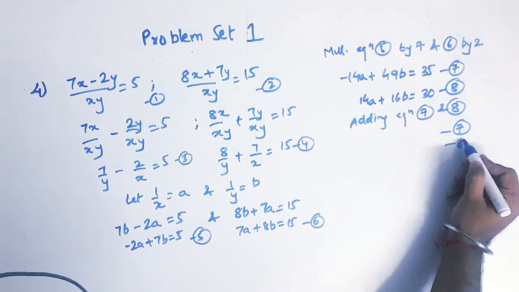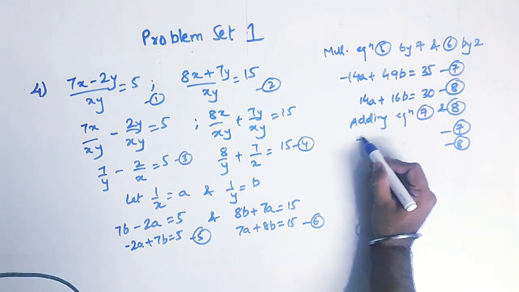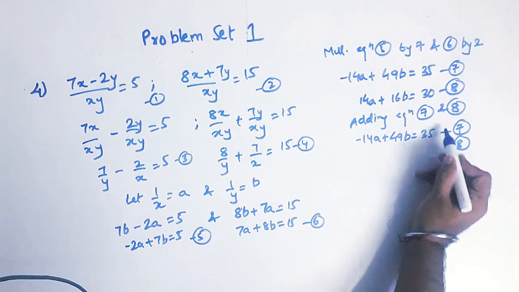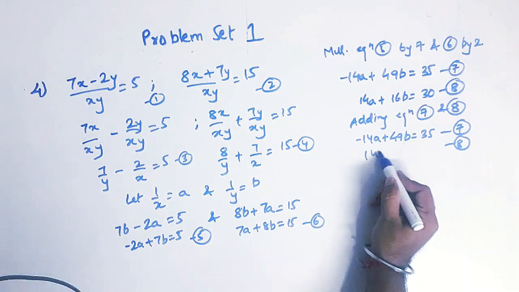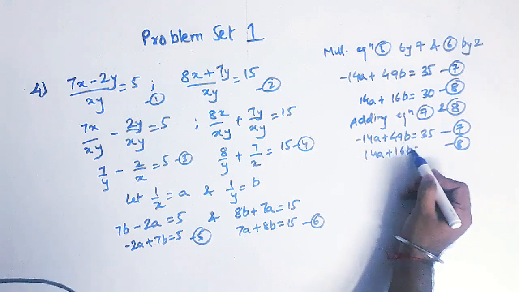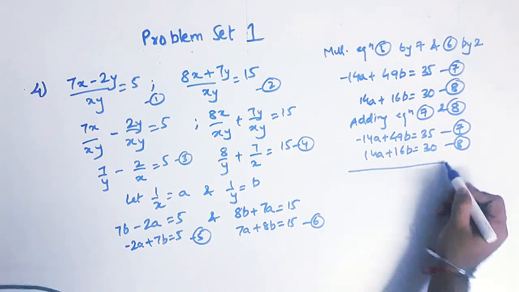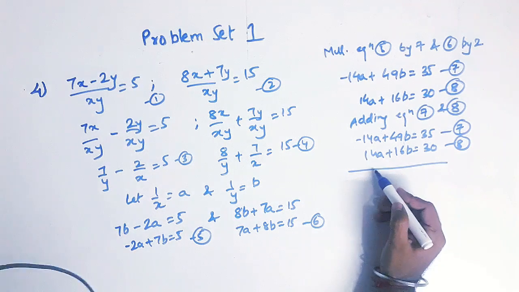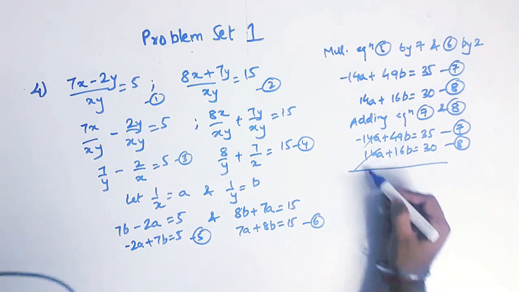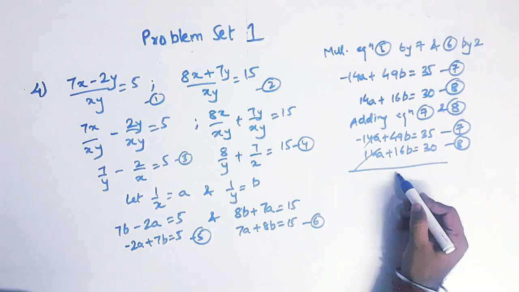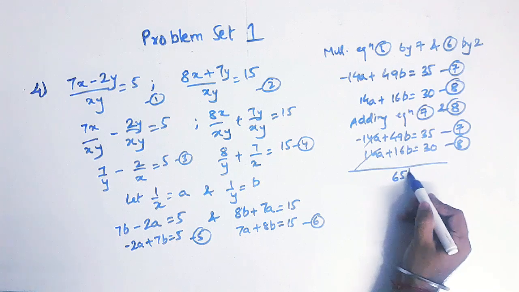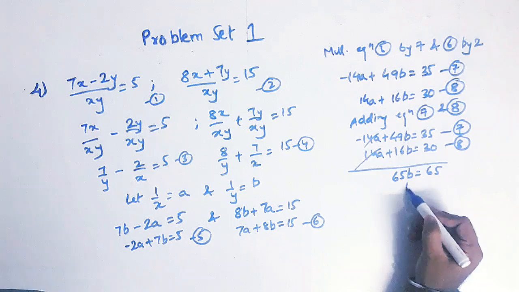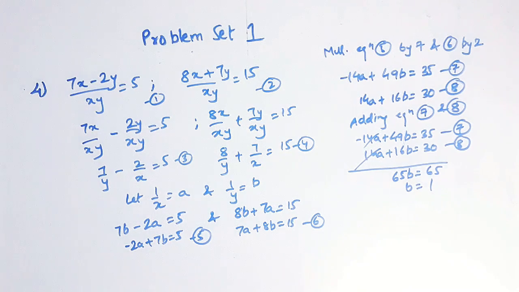Minus 14a plus 49b equals to 35. Now 14a plus 16b equals to 30. Okay, so here 14a minus 14a gets cancelled. 49 plus 16 is 65, and 35 plus 30 is also 65. So you got b equals to 1.